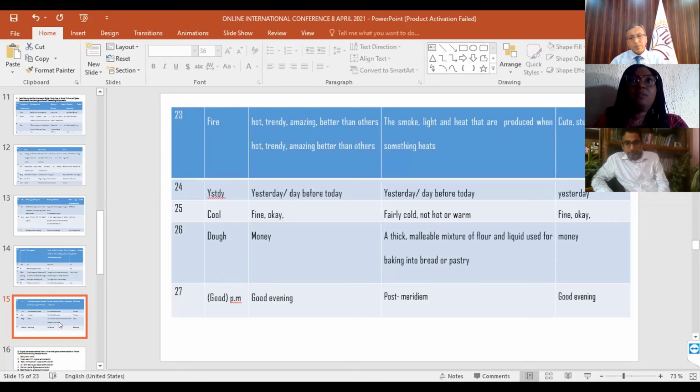Then yesterday, abbreviated as YSTDY, standing for yesterday. Of course, you can't find that in the English language. So the equivalent will be the right spelling, yesterday, as it is spelled. Then cool. Cool was used to mean fine or okay, but in the standard English variety, cool means fairly cold, not hot or warm.